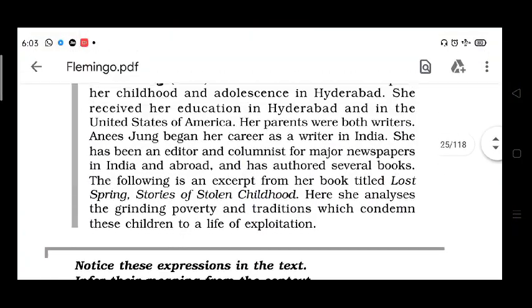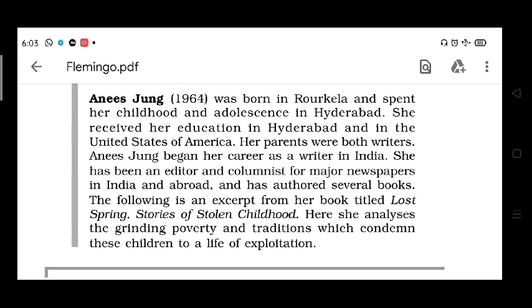So before we start the chapter, a little bit about Anis Jung. Her parents were both writers, and she has authored several books, and she has also written for newspapers. She was educated in Hyderabad and she stayed in America.